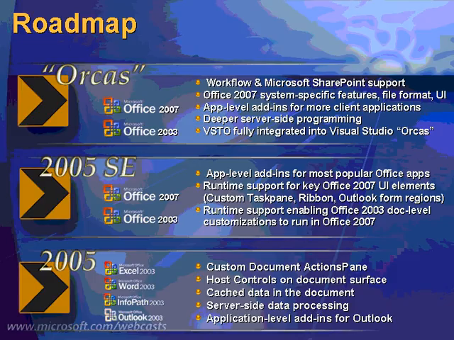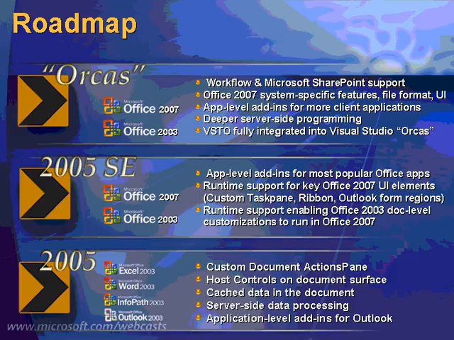So not only can you create app-level add-ins for those applications in the Office 2007 system, you can also create add-ins for Word, Excel, PowerPoint, Visio, and that's it. You can't do it for the 2003 version of InfoPath. So we've provided a lot of features in that version as well.